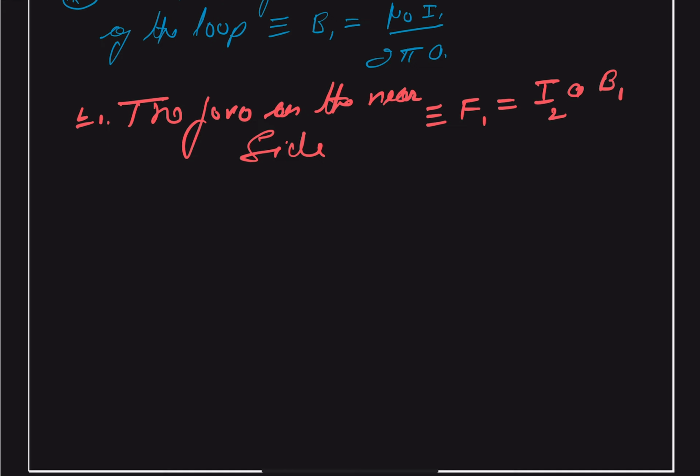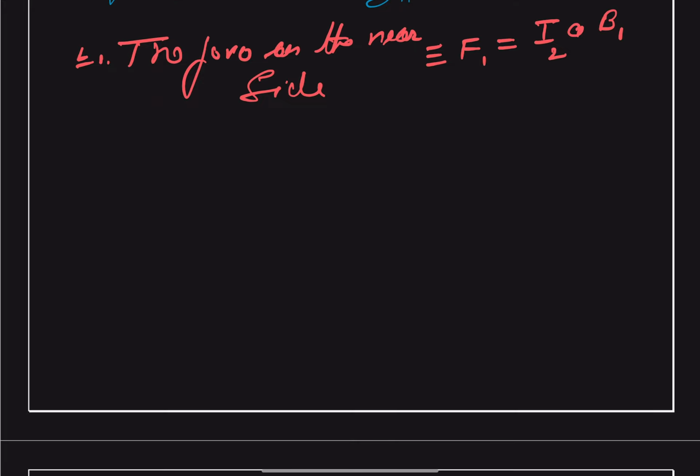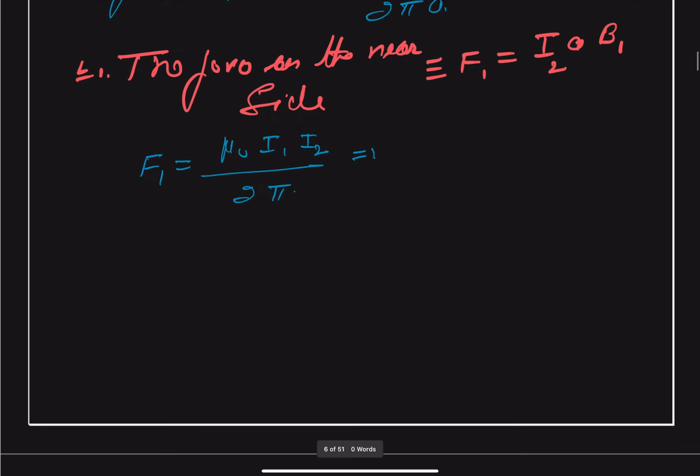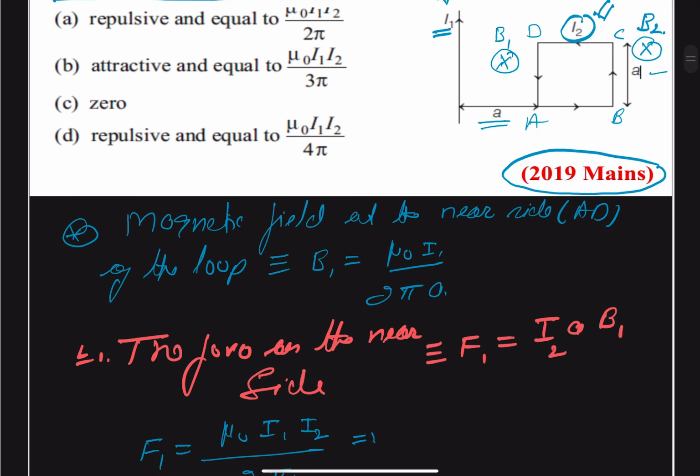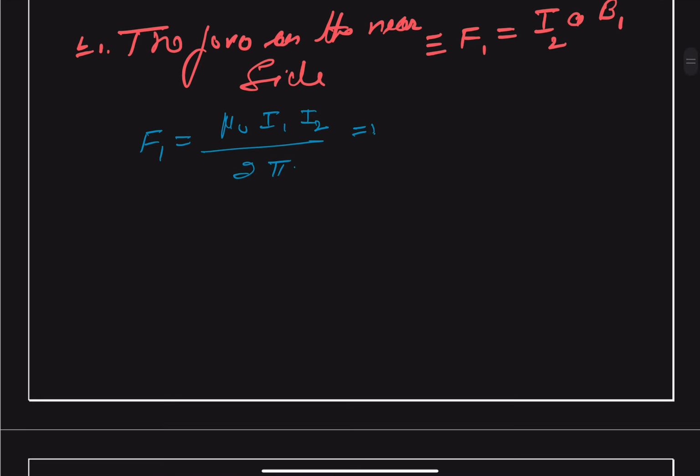And we substitute the value of B1, so we get our F1 will be equal to mu naught I1 I2 times 2 pi. Okay. And this force will be, you can say, repulsive in nature, because current is in opposite direction.